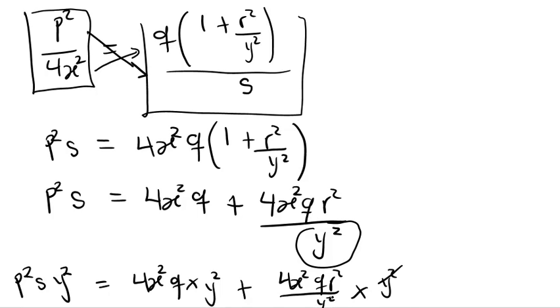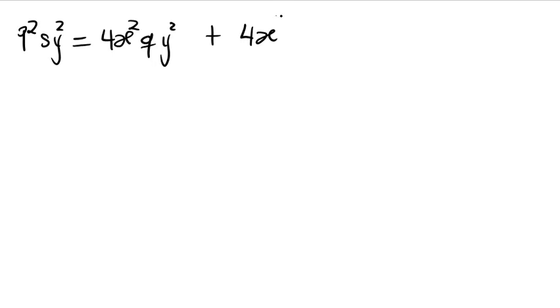So this y squared is going to cancel this y squared. In that case, we will be having p squared s y squared being equal to 4x squared q y squared plus 4x squared q r squared. We are making y the subject, so the expressions containing y squared, let's group them at one side.